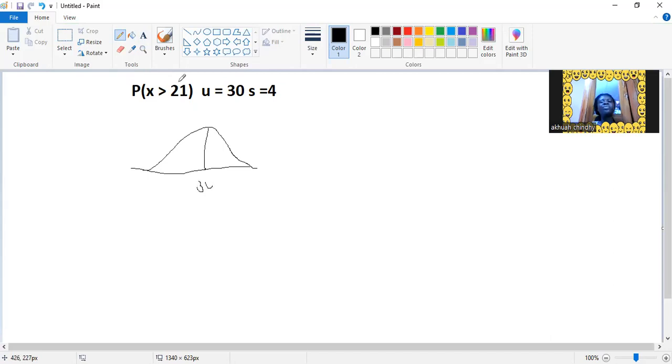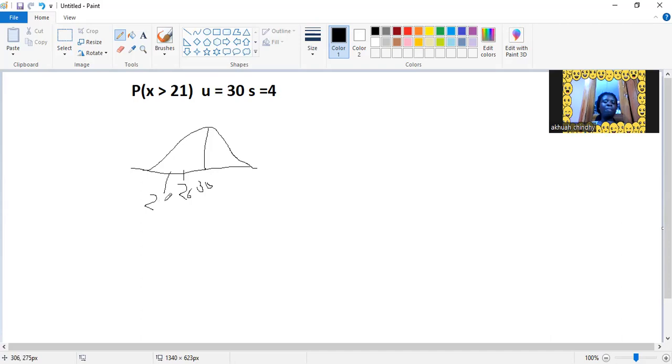Then I'm asked to find 21, right? But 21 will be at the left of 30, not at the right. So it will be at this side, right? Okay, so this is the standard deviation. So 4 units to the left of 30 will give us 26, right? Then another to the left gives us 22.